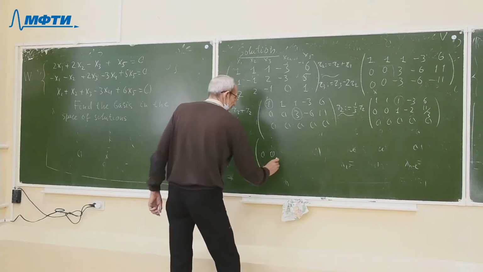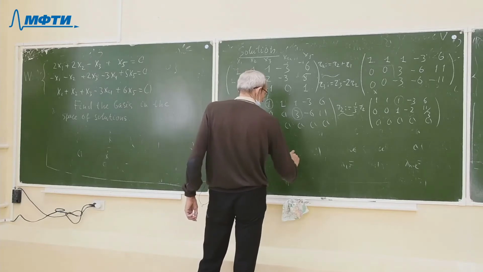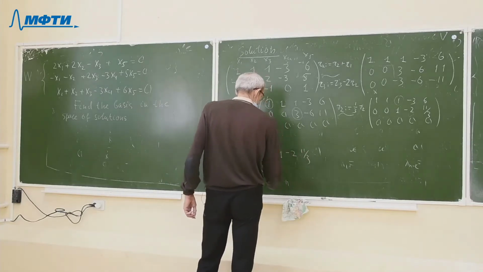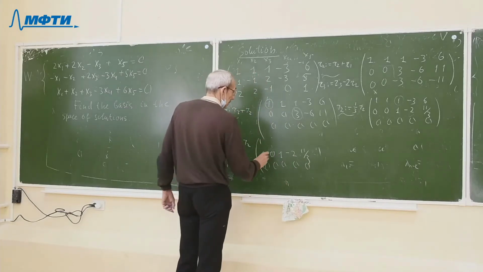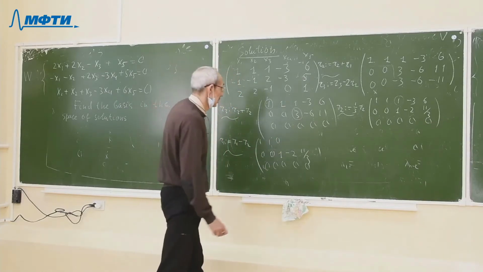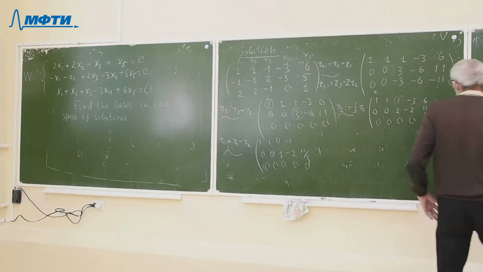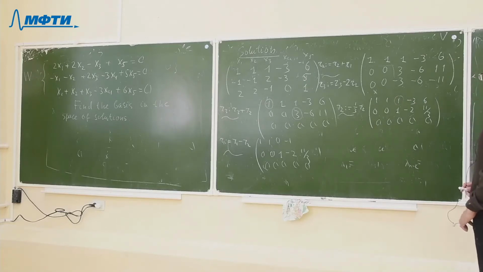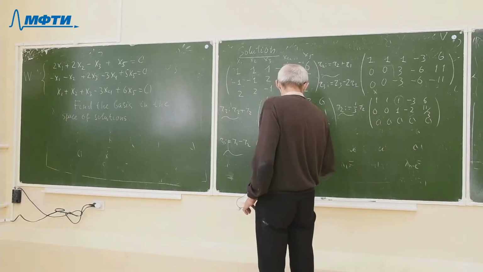I rewrite the second row, and I subtract: 1, 1, 0, minus 3, minus 2, minus 1, 6 minus the ratio 11/3, and I obtain the ratio 7/3.